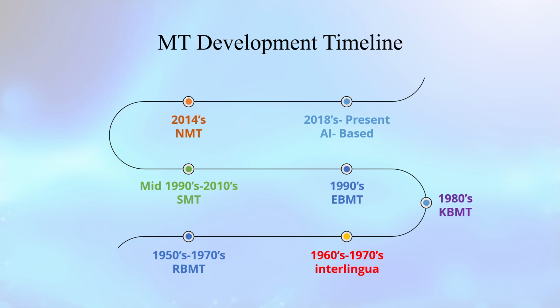This approach uses deep learning to produce more natural translation. Finally, from 2018 to the present, the AI-based machine translation approach has taken over. This approach integrates advanced artificial intelligence to make translations smarter and more adaptable.